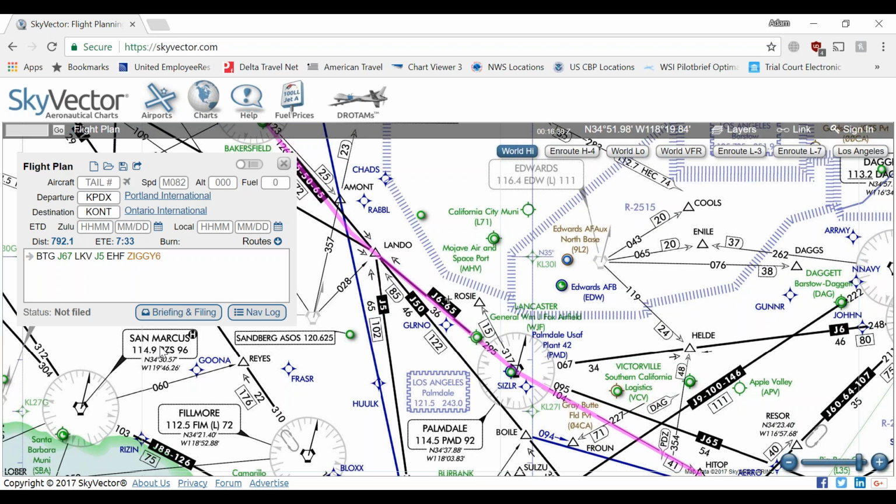So I ended up just going straight to Battleground VOR, and then catching the J67 down to Lakeview, and then from Lakeview onto the J5 down to the Shafter VOR, which is the EHF, and then EHF was the transition to the Ziggy 6 into Ontario.